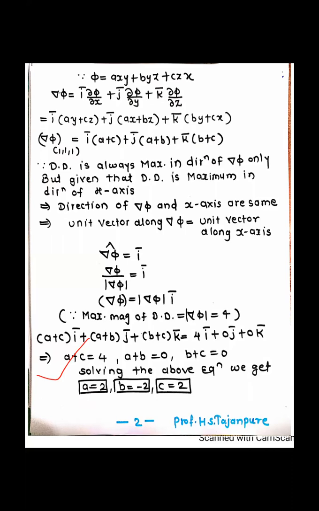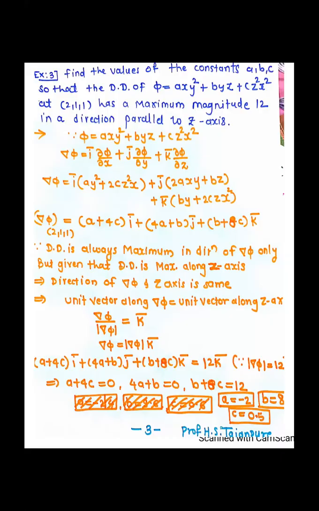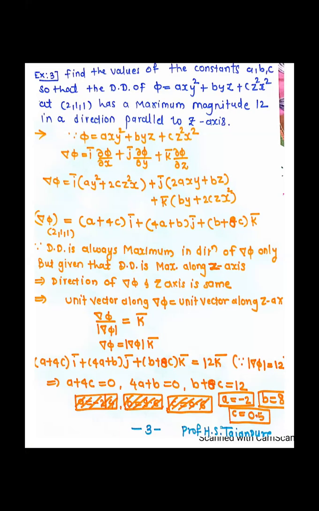Now, the remaining examples are of a similar type. Just see, in this example we had the direction parallel to the x-axis. In the next example, the difference is that we have the direction parallel to the z-axis.